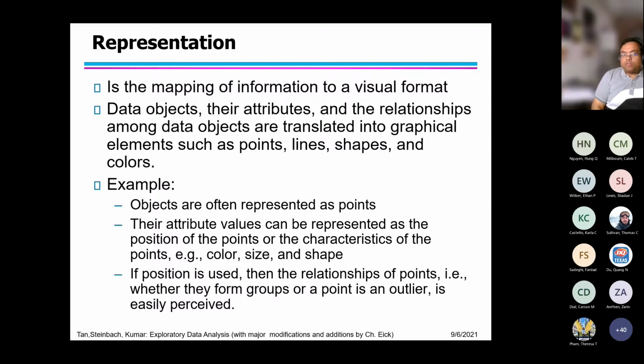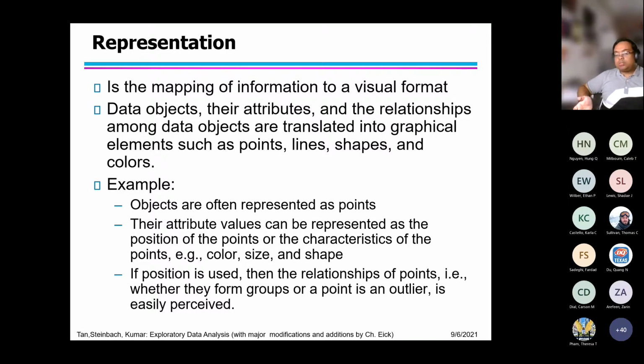But you need to figure out what the relationship is between the attributes that you're trying to visualize, and how you map that into different kinds of graphical elements. Points, lines, shapes, colors, these are all common graphical attributes, but you need to figure out which of these to use when. Say, for example, you're trying to visualize a magnetic field.